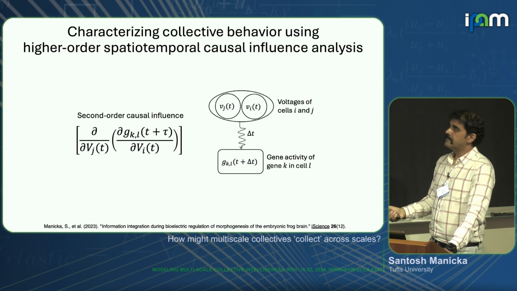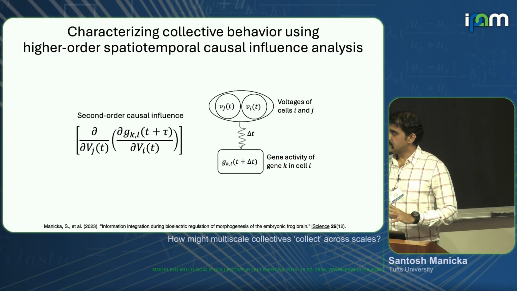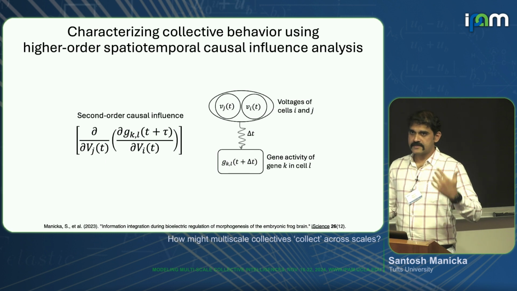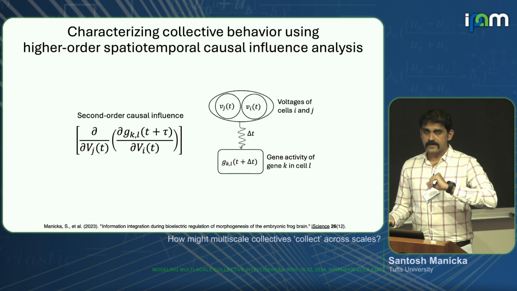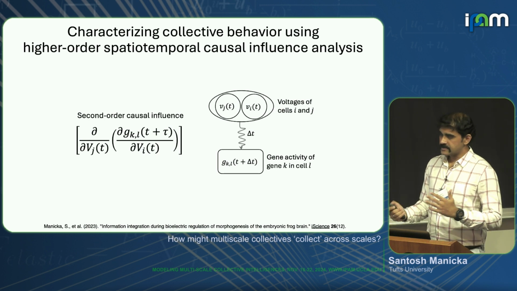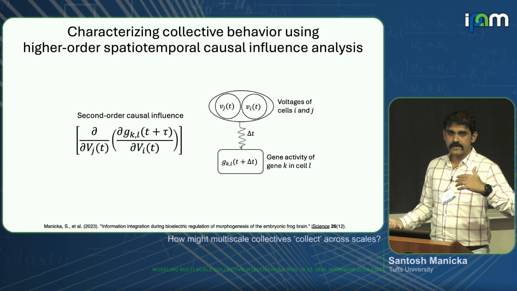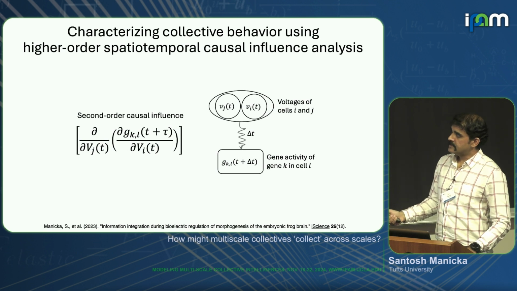Actually, we also computed the first-order causal influence as before, but it turned out that it was not statistically informative, because when we compared it with randomized null models, it was about the same. But the second-order causal influence is what stood out from a random null population.